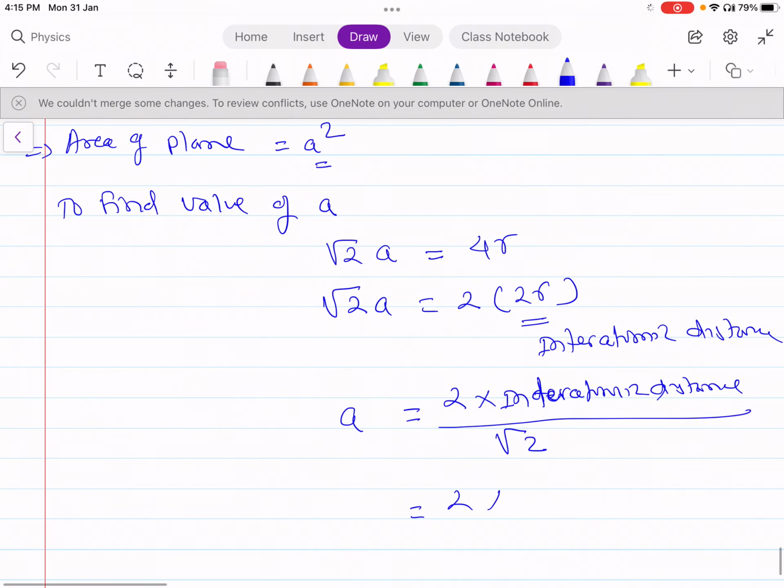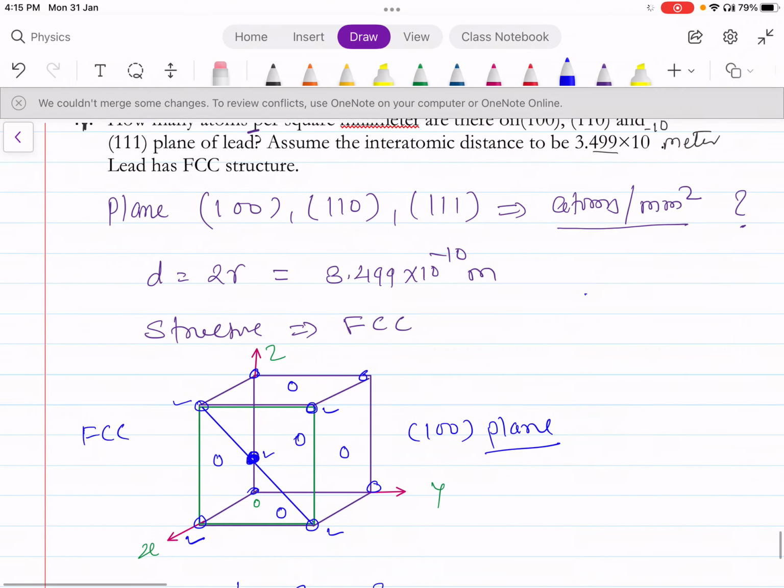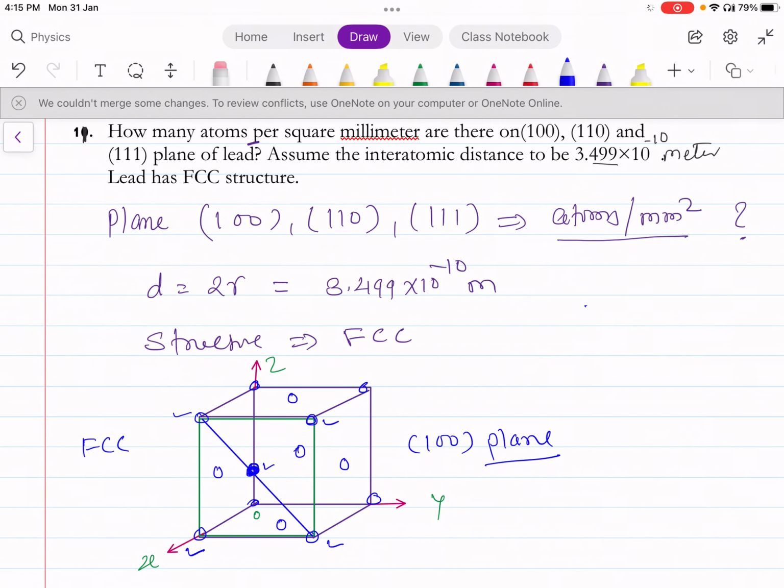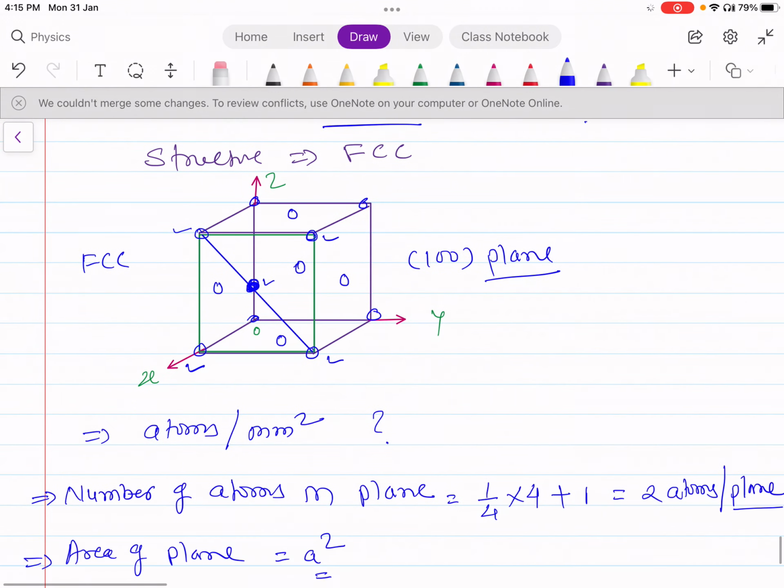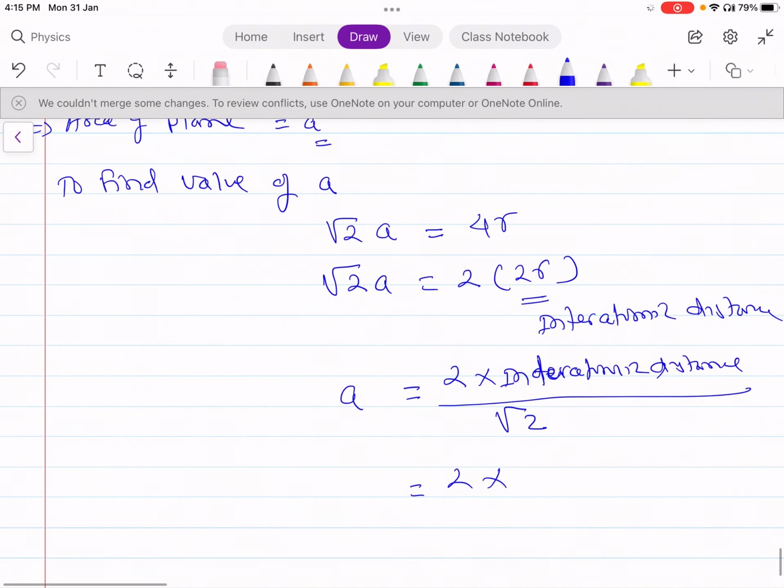So 2 into 3.499 into 10 raised to minus 10 meter divided by root 2.